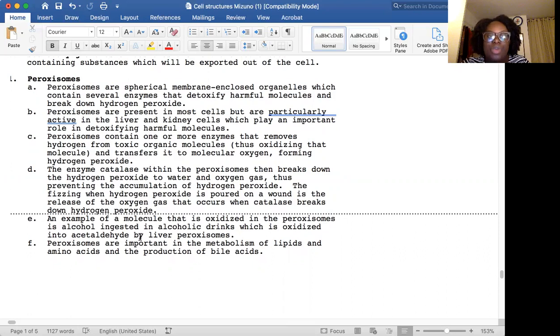The fizzing when hydrogen peroxide is poured on a wound is the release of the oxygen gas that occurs when catalase breaks down the hydrogen peroxide. This is important because these enzymes help to detoxify harmful molecules in our body, like hydrogen peroxide. So that's very important to note about the function of this.